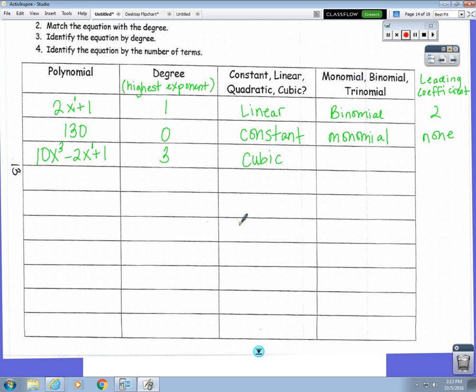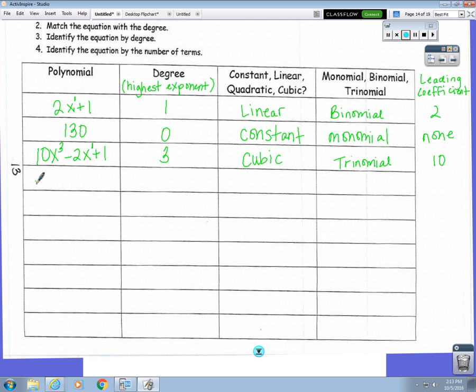Now, how many terms does it have? 3. 10x cubed is the first term, negative 2x is the second term, positive 1 is the third term. 3 terms is known as a trinomial. What is the leading coefficient? 10. 10 is the very first coefficient you get to. Negative 2 is also a coefficient, but it's not the leading one. The very first one is 10.